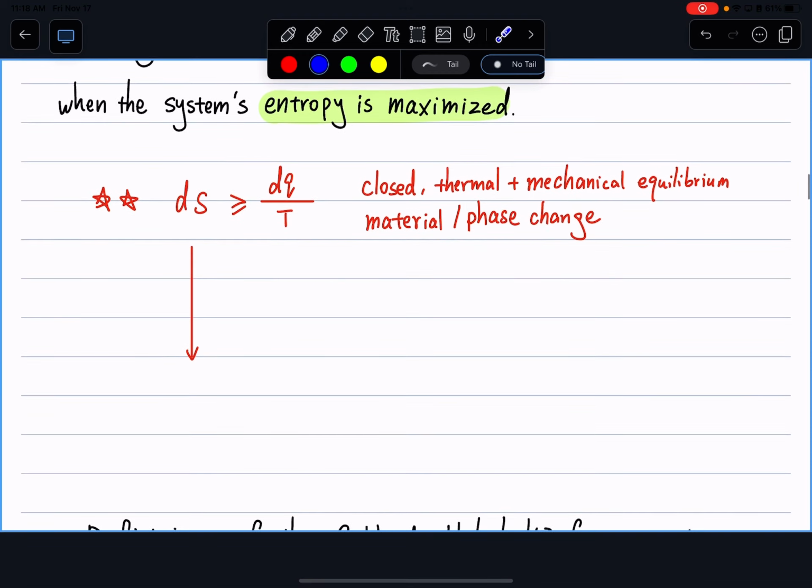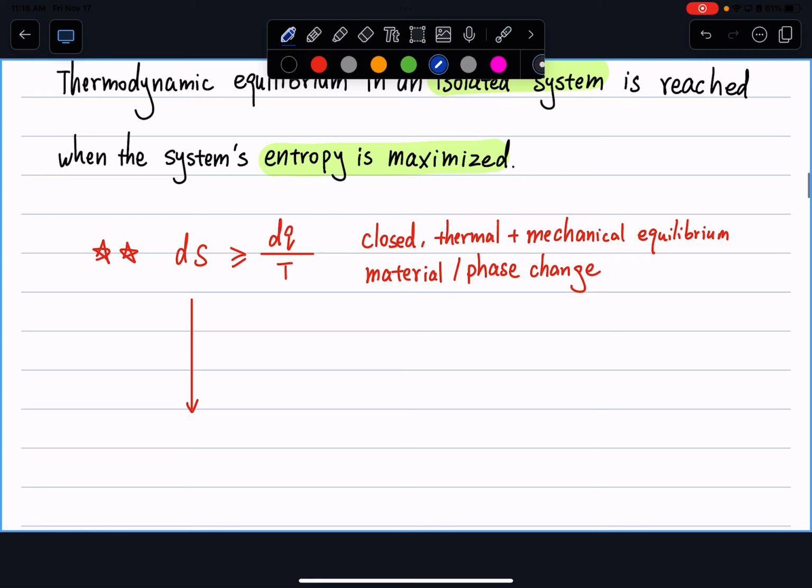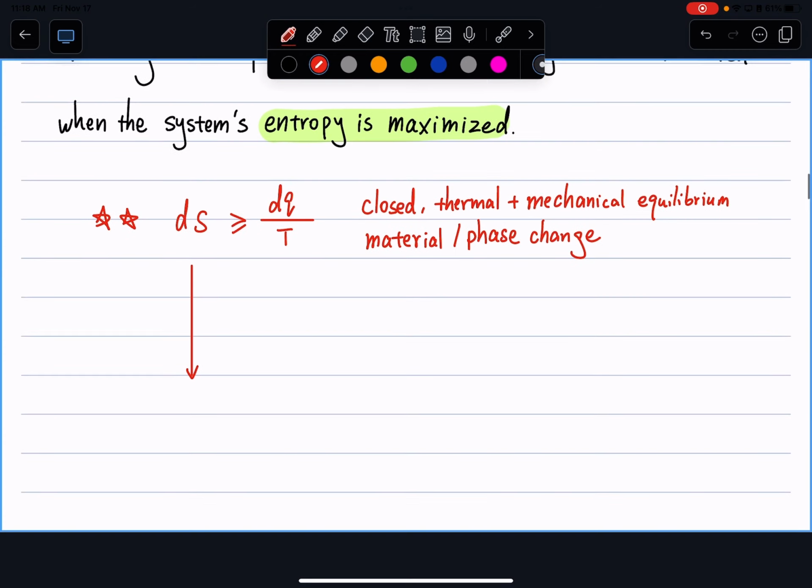So what we have is the derivative of entropy must be larger than or equal to dq over T. Here dq is not a reversible heat transfer. It can be an irreversible heat transfer. And remember, our dS is dq reversible over T, and your dq reversible is always larger than or equal to dq. Using this relationship, we can write TdS is larger than or equal to dq.